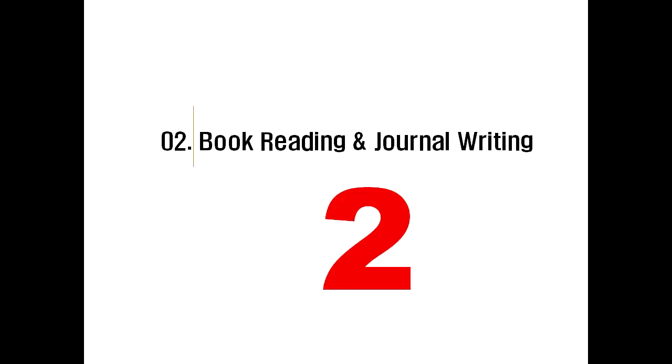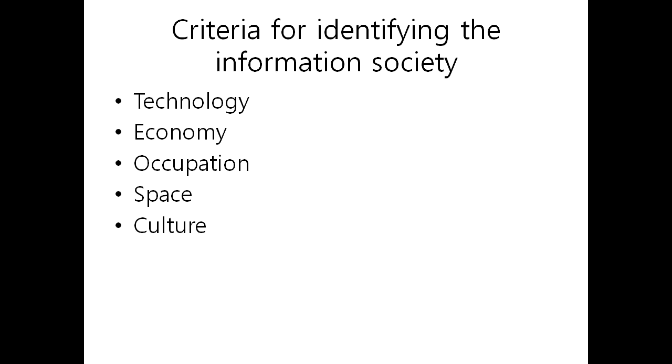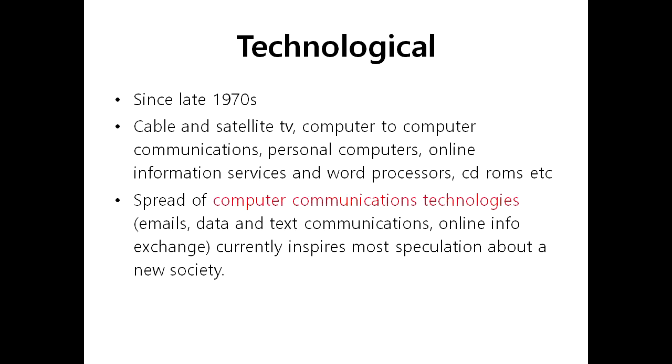Second part, I will summarize the reading. Frank Webster, the writer of the book, says that there are 5 criteria for identifying the information society: technology, economy, occupation, space, and culture. The first criteria is technology.